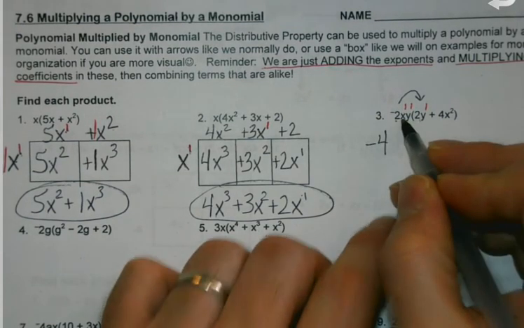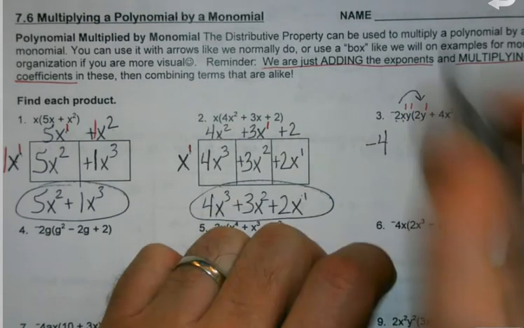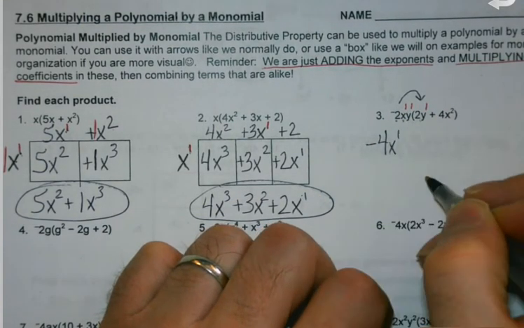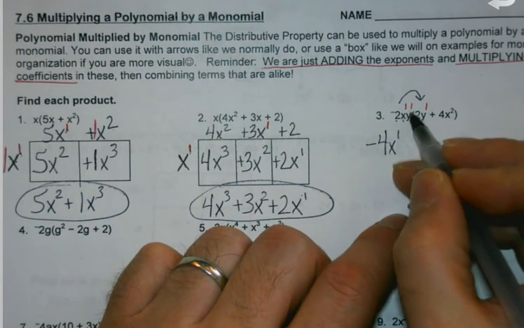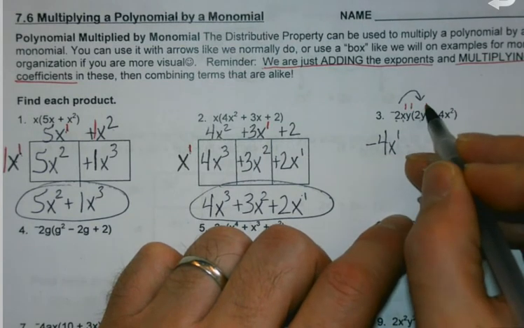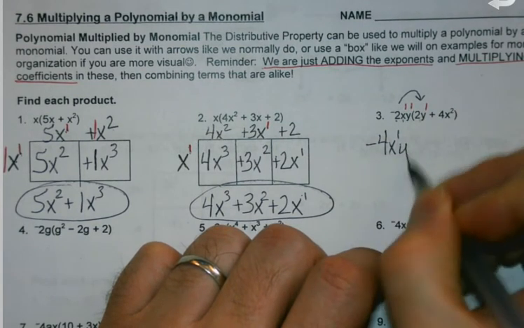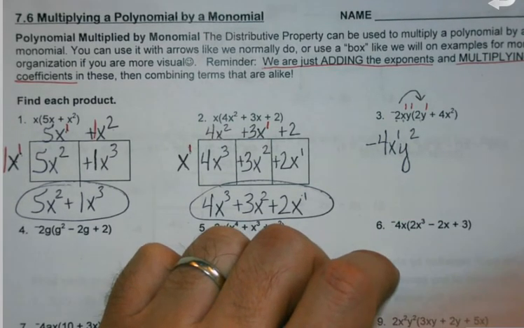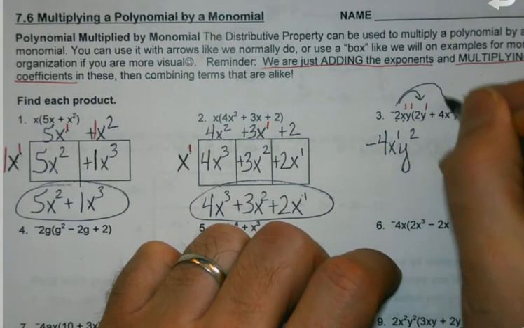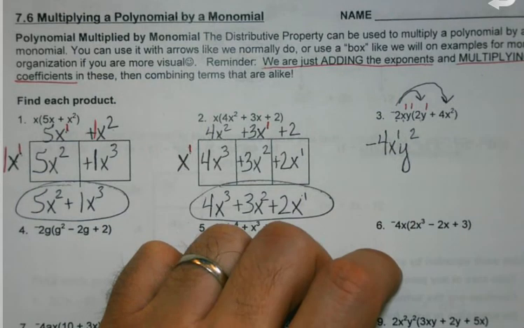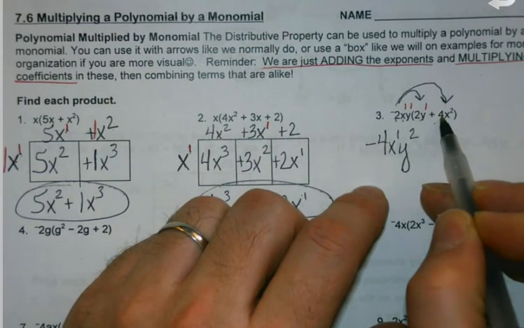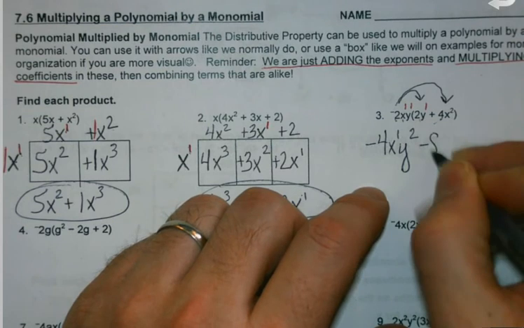I've only got this term right here that's got an x, because I'm only working with these right now, so I've got x to the first. And then y, well, y to the 1 plus 2, because I have 2 of them, so y to the second. And then I do that again out to this one. So negative 2 times 4 is negative 8.